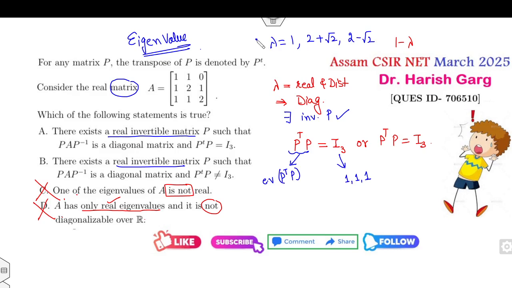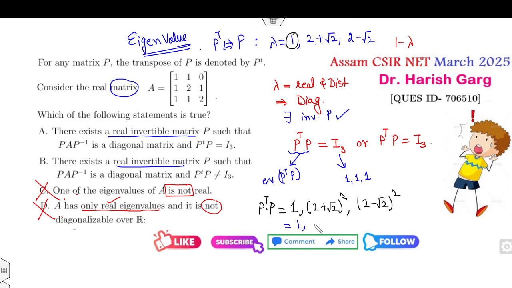So these are the eigenvalues of P. The eigenvalues of P transpose are also the same. Fine. So what are the eigenvalues of P transpose P? I can multiply them. It's 1, 2 plus root 2 into 2 plus root 2, and 2 minus root 2 into 2 minus root 2.